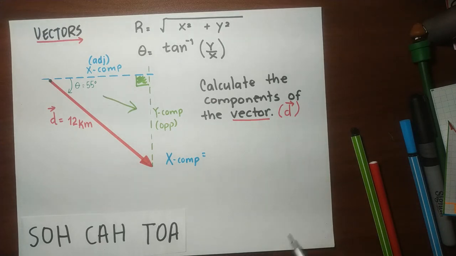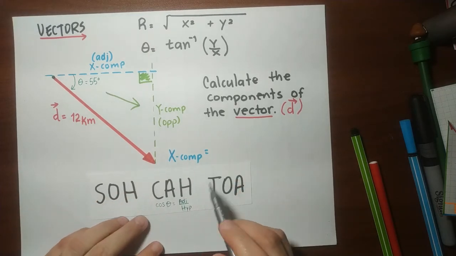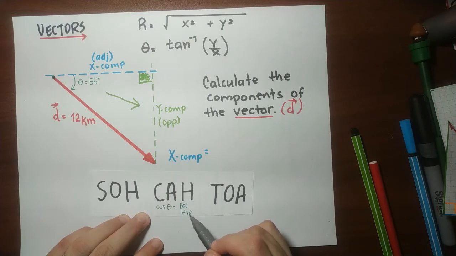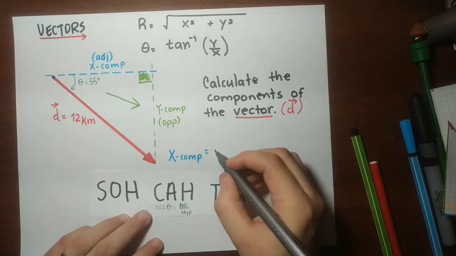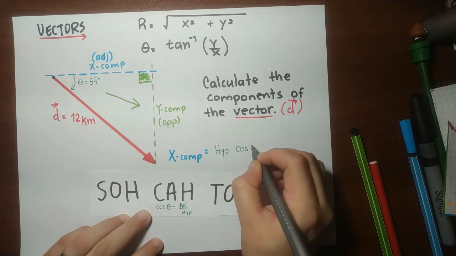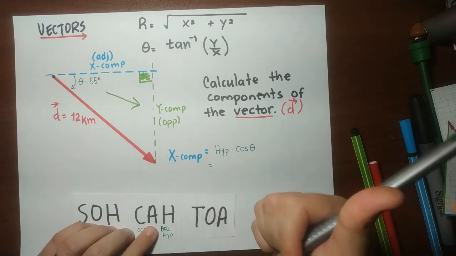So you have this: cosine equals adjacent over hypotenuse. If you isolate for adjacent, which is my x component, it is going to be hypotenuse times cosine of the angle. Now, do I know the hypotenuse? Yes.